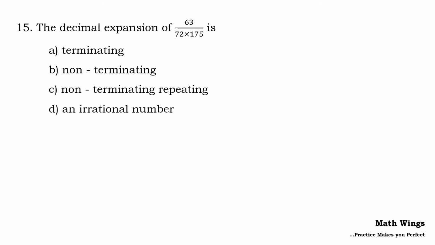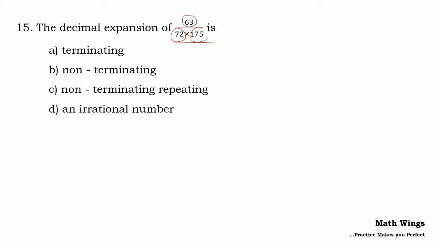We have the decimal expansion. We need to find the decimal expansion of 63 divided by 72 into 175. So if you observe this, we have a composite number in the numerator as well as in the denominator. So directly we can't answer this question. We have to solve this one.